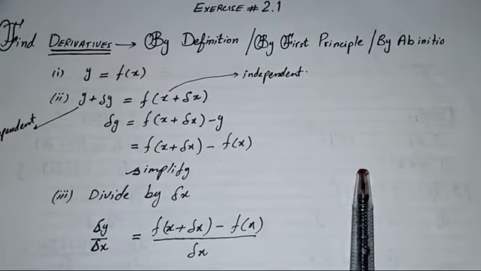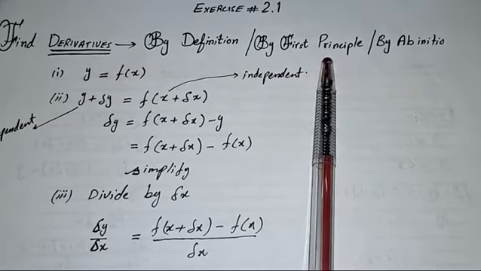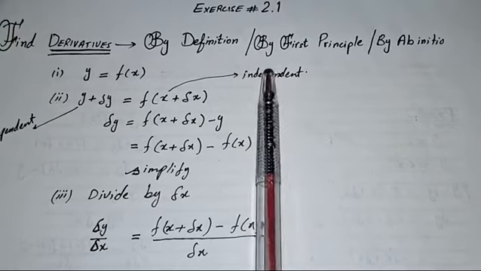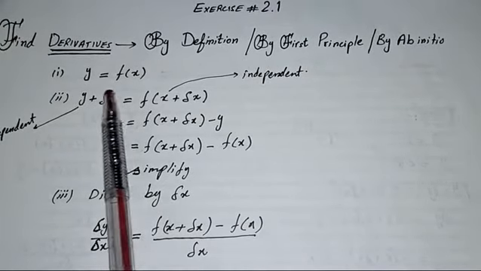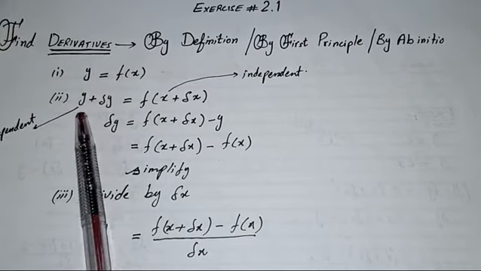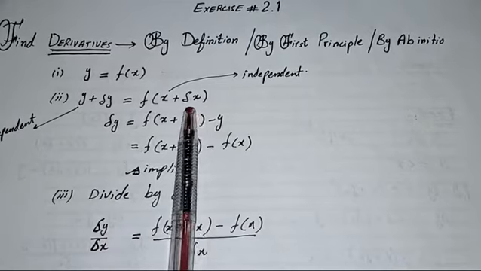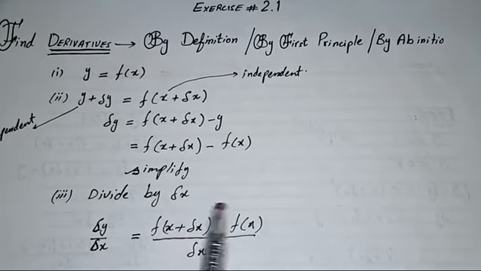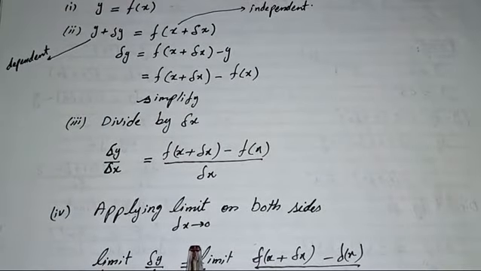So we will revise the first principle method. Its other name is the by definition method or the ab initio method that we used in exercise 2.1. In the first step we write the given function equal to y. In the second step we add delta y, delta function, on both sides, and after that we divide both sides by delta x, and in the fourth step we apply the limit delta x tends to 0.